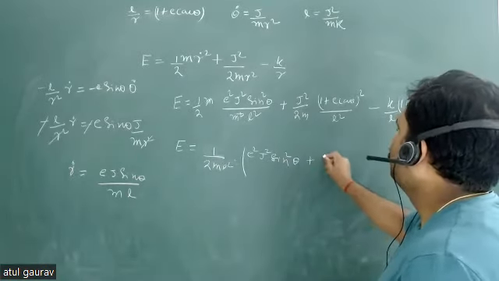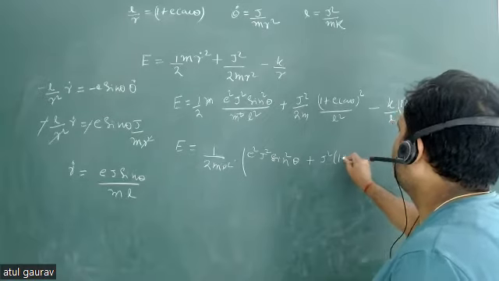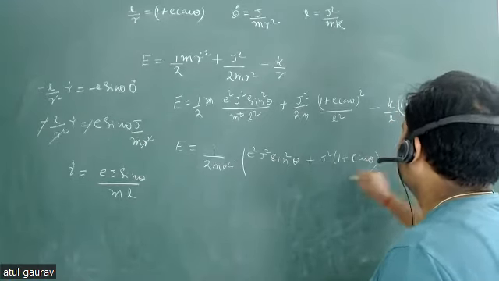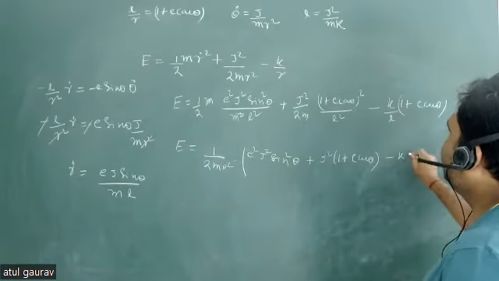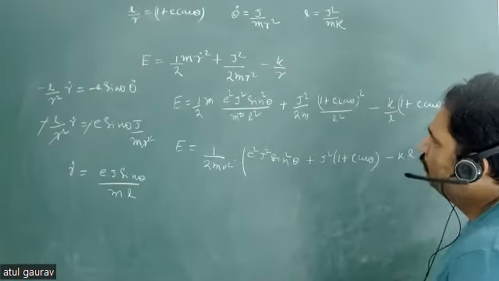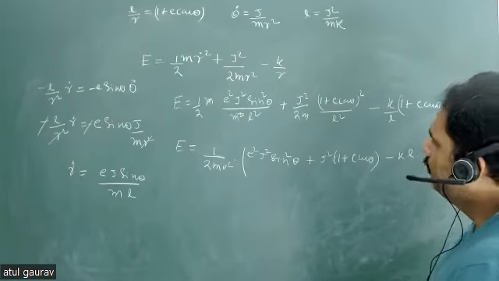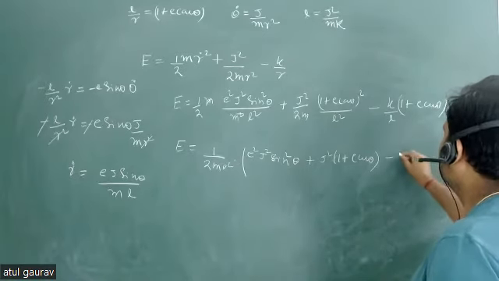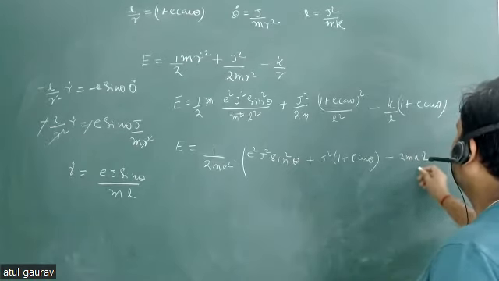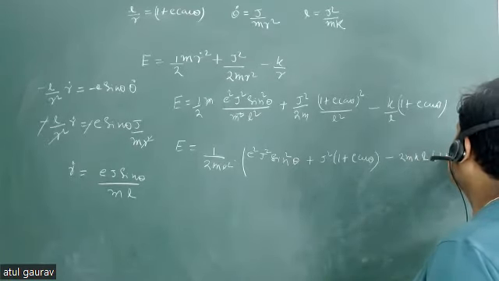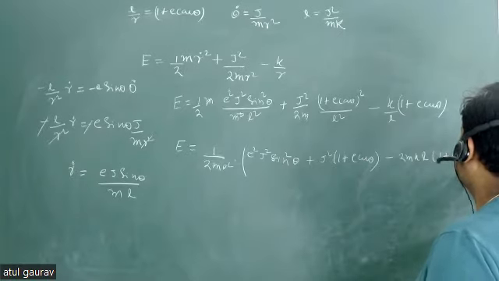Second term is j square 1 plus e cos theta. Third term is k into l and 2m is also there. This is 2mkl, 1 plus e cos theta.